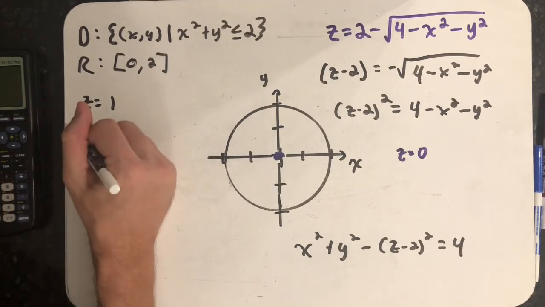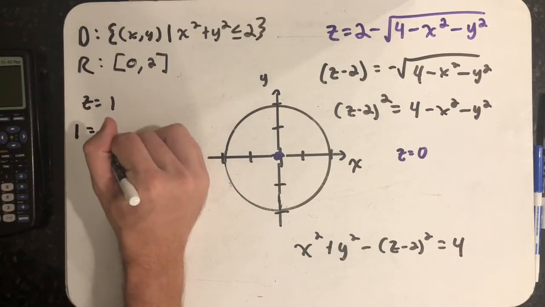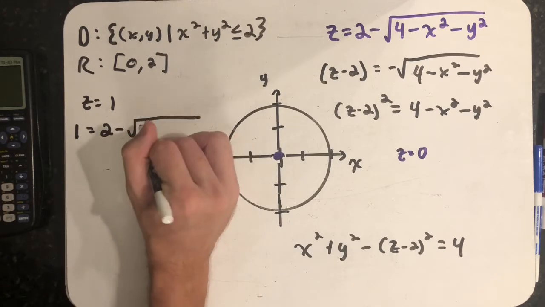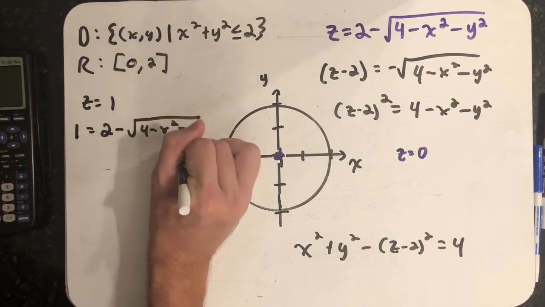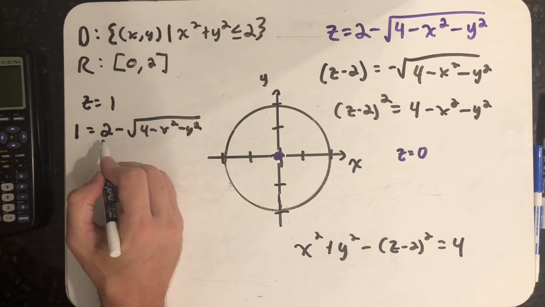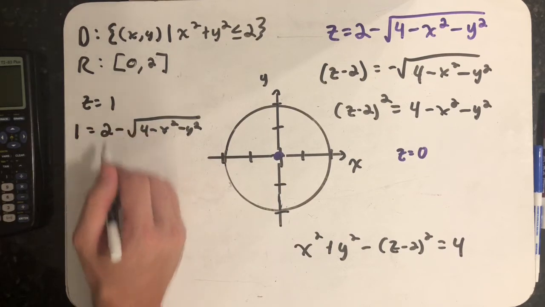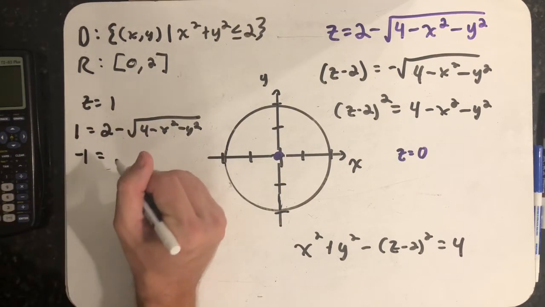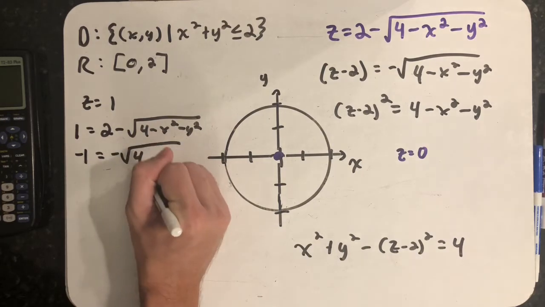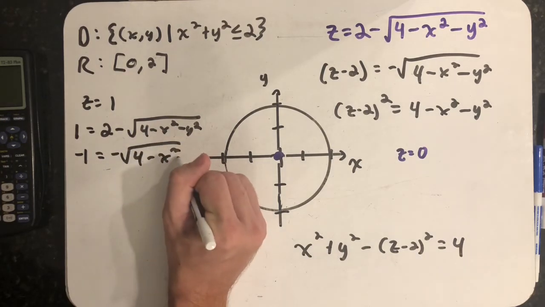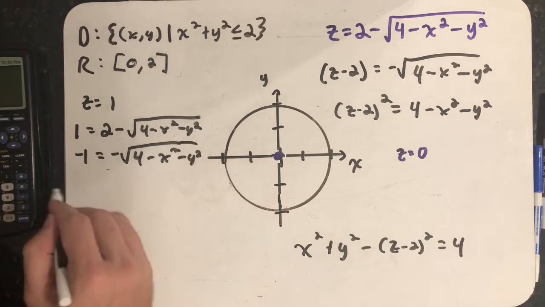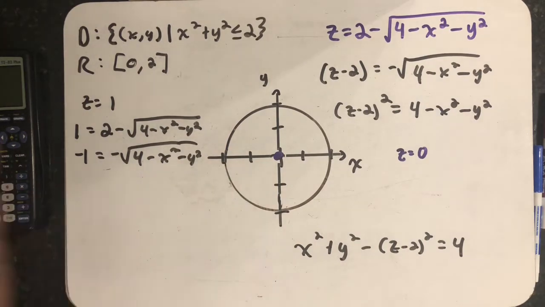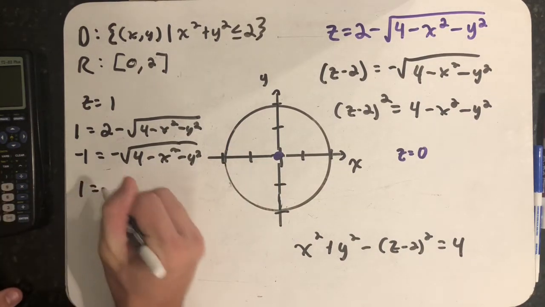At z equals 1, I would have the equation 1 equals 2 minus the square root 4 minus x squared minus y squared. I can imagine taking 2 away from both sides. And I have this impulse to multiply by minus 1, but let's just go and square both sides and skip a step.